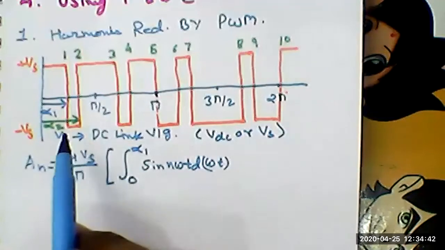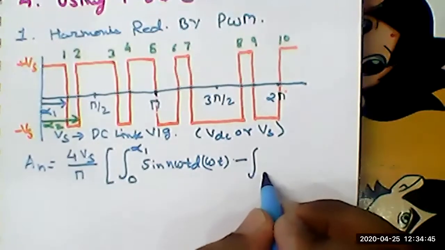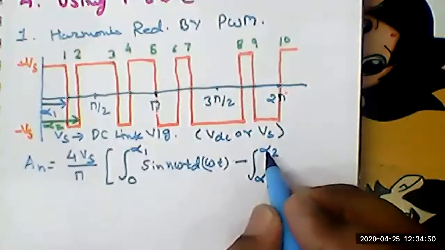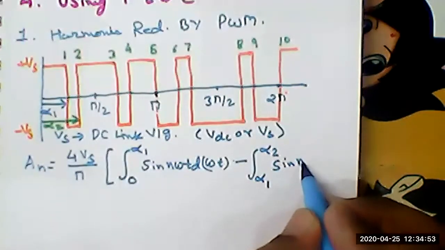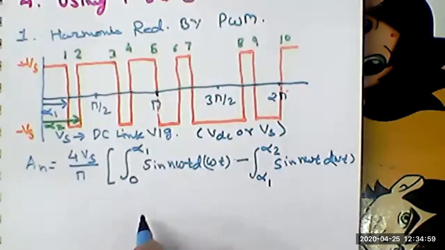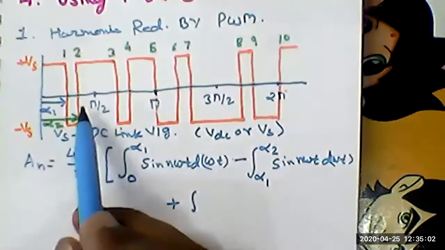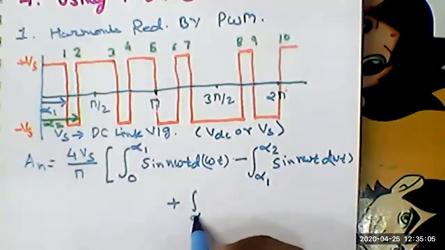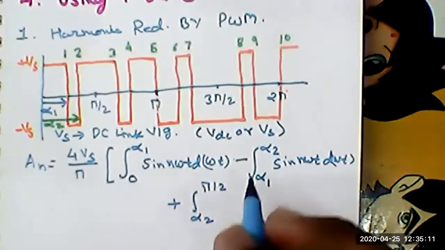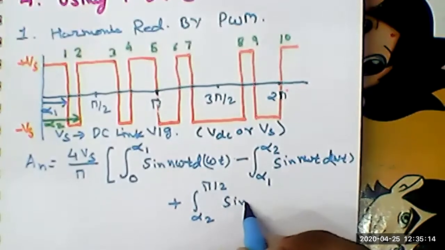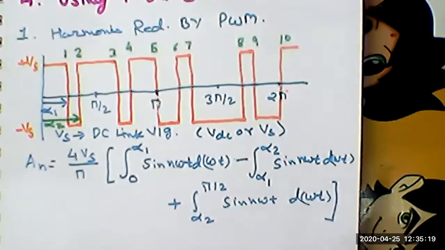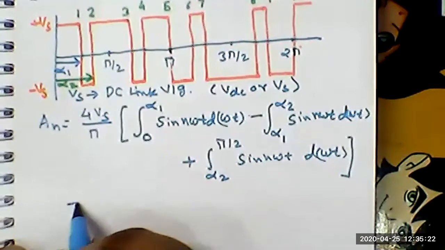Now output is minus, so from alpha 1 to alpha 2, if you have any doubt, you just ask, sin n omega t d omega t. Now from alpha 2 to pi by 2, Vs, which I have already taken common, sin n omega t d omega t. That's it.